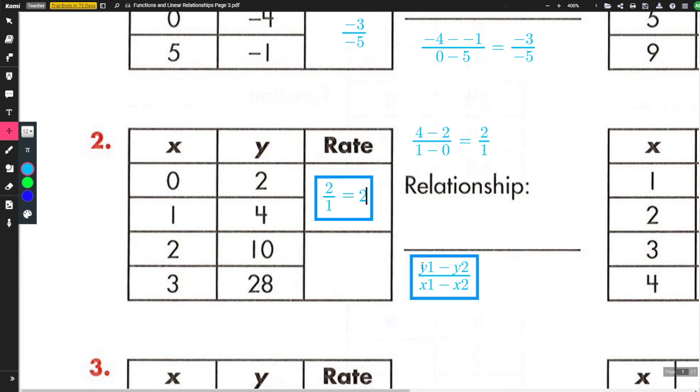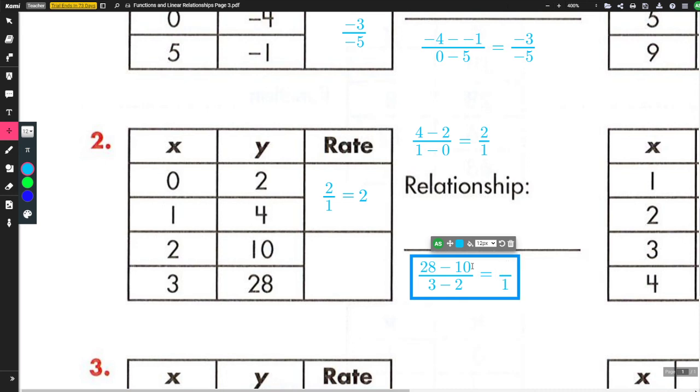Okay, so now we have 3 and 2 and 28 and 10. Pretty simple numbers. Okay, there we go. Easiest one is putting it over 1.